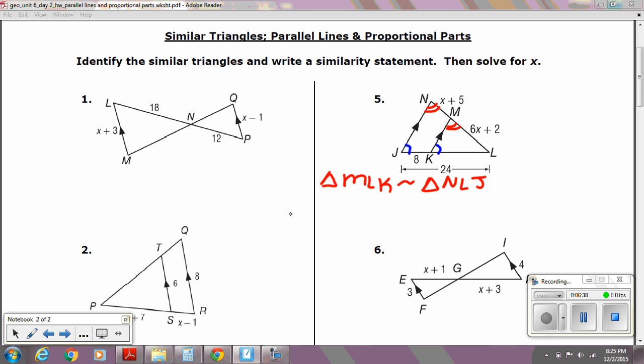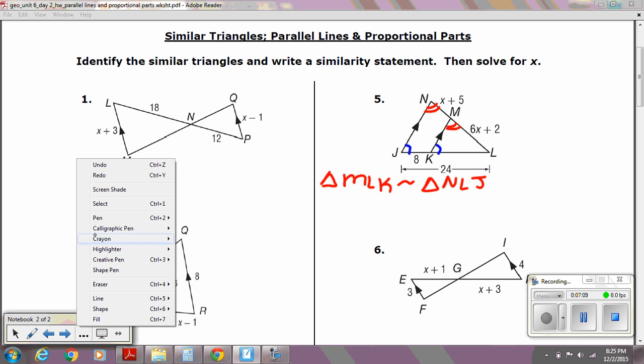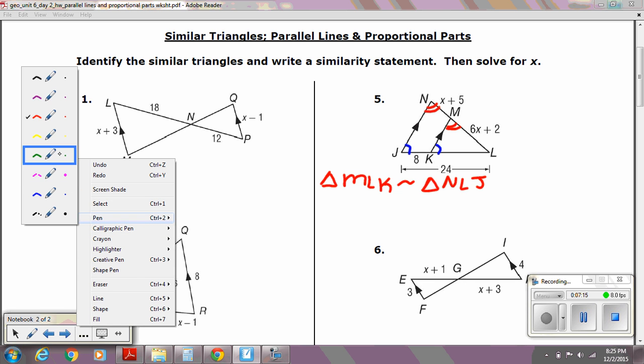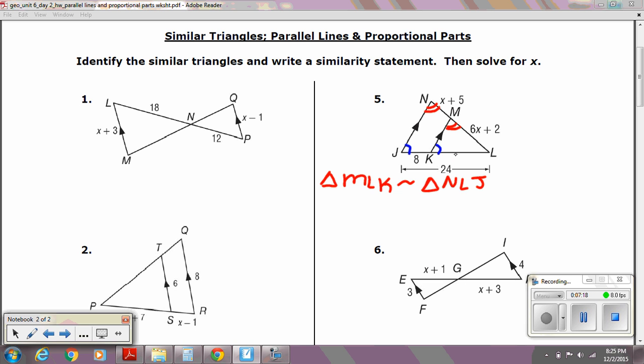So now that I know that, I'm given three parts of the bigger triangle, NM, LM, and JK. And then I know the whole part, JL, which is 24. Knowing that the whole part is 24, I can find KL by subtracting 8 from 24, which would give me 16 for KL.